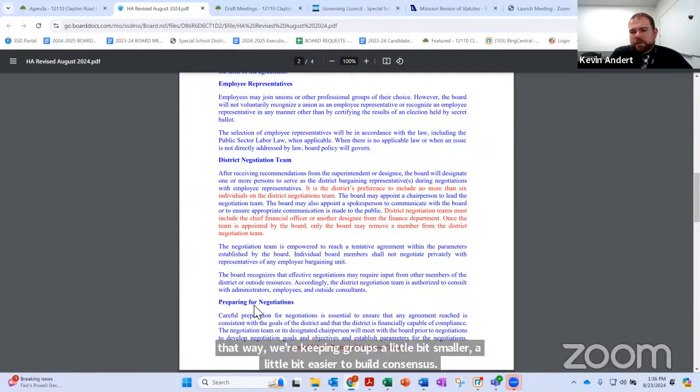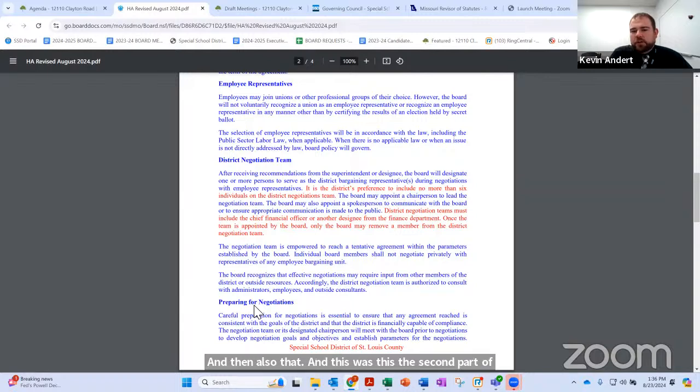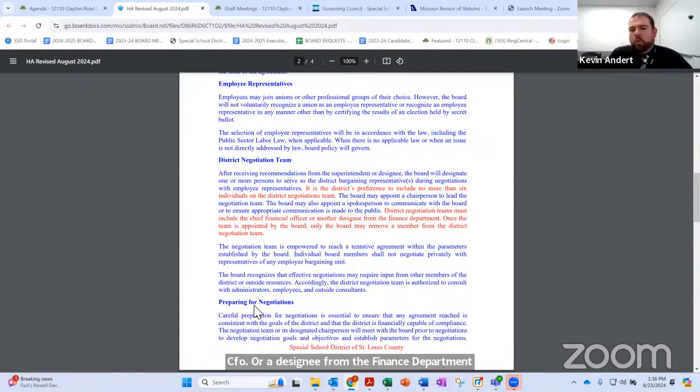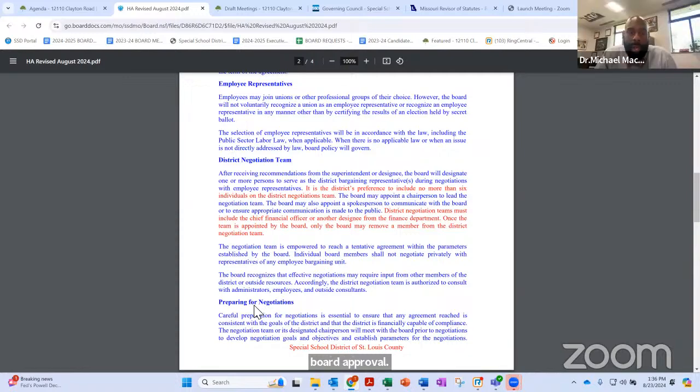The second part, the recommendation from the board, is to include the CFO or a designee from the finance department. And the MSBA recommendation was that once the board has the negotiation team identified, you can't make changes to the team without board approval. I think Kevin also did a great job adding in the recommendations from legal that came just after where we were with negotiations in previous years. Those pieces are also added in.